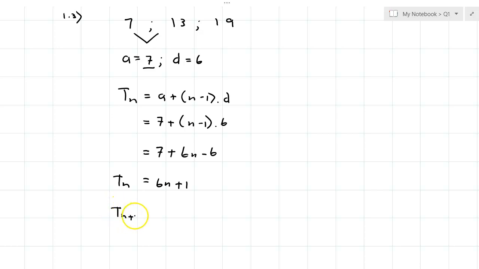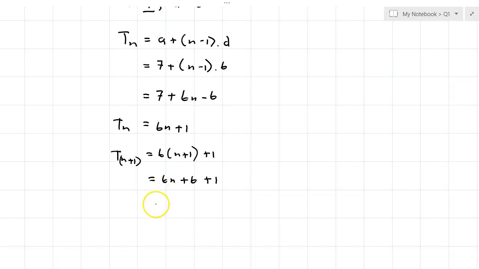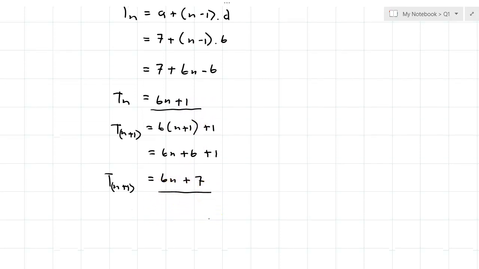So two consecutive terms will be Tn and then Tn plus 1, which equals 6 times n plus 1, which equals 6n plus 6 plus 1, which equals 6n plus 7. So now we've got Tn plus 1 and we've got Tn.